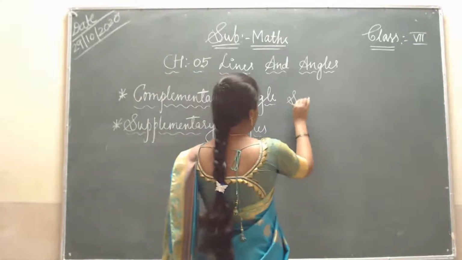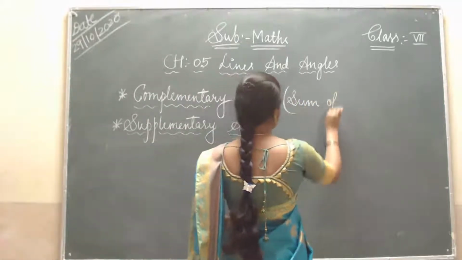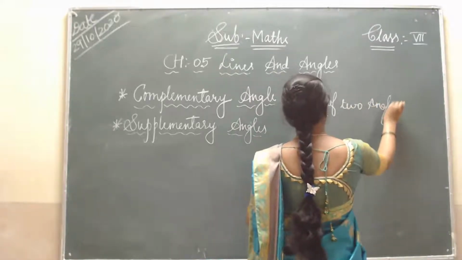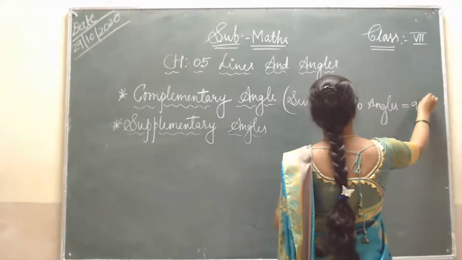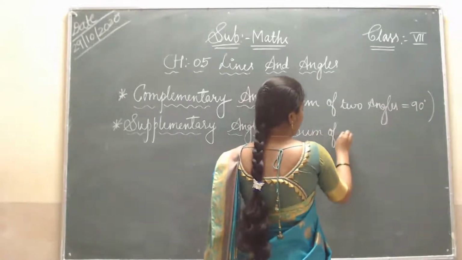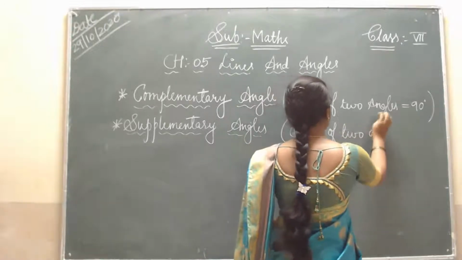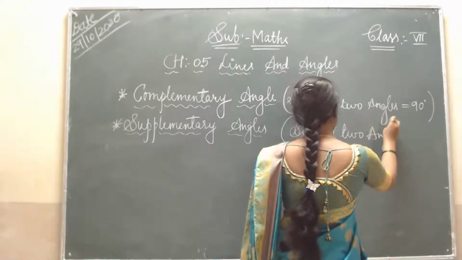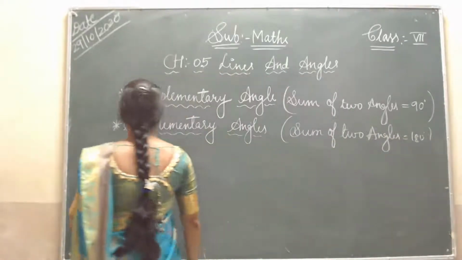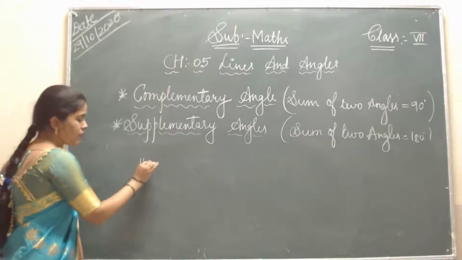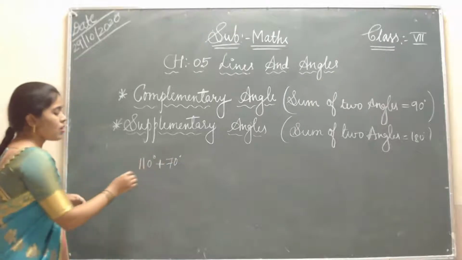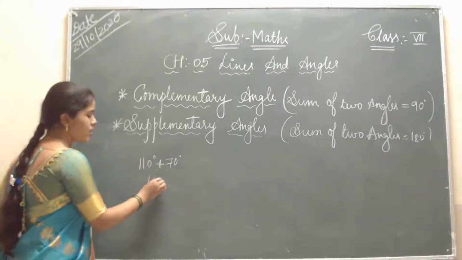The sum of two angles is equal to 90 degrees. Here, the sum of two angles is equal to 180 degrees. That is a supplementary angle. For example, one angle is 110 and another angle is 70 degrees. So 110 plus 70 is nothing but 180 degrees.